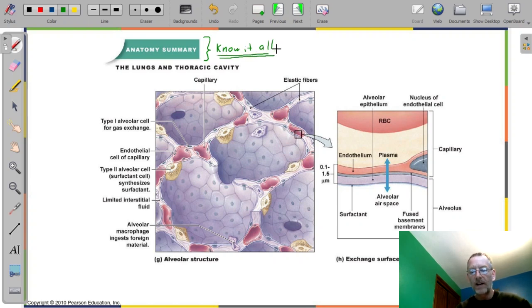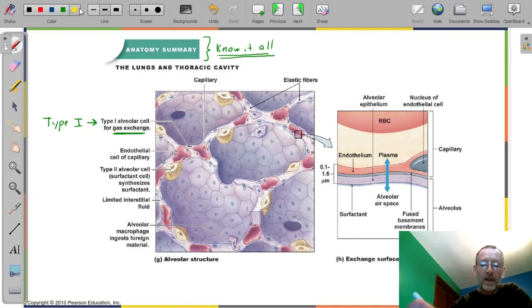So what we're looking at on the left are several alveoli for the gas exchange, and there are type 1 alveolar cells, and type 1 alveolar cells are for the gas exchange. So the gas exchange occurs across the membrane. So in this figure, this open area of the alveoli, here is a blood capillary.